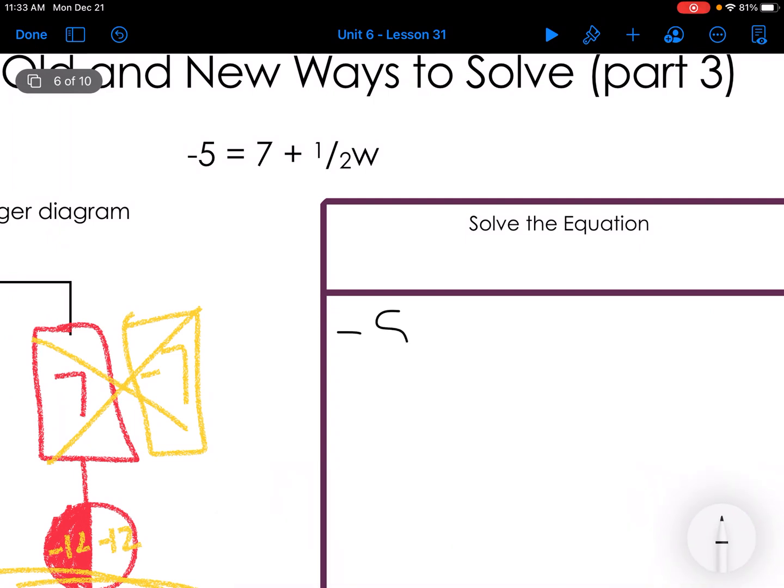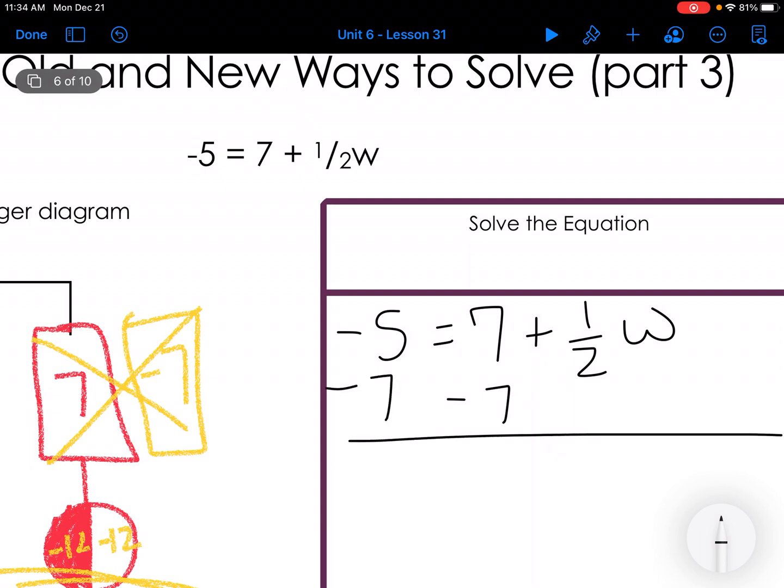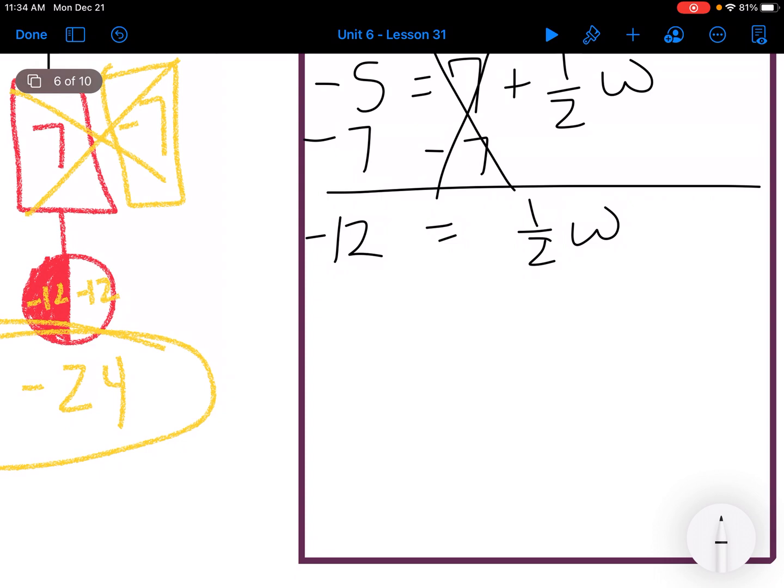So I have negative 5 equals 7 plus 1/2 w. So I'm going to subtract 7, or add a negative 7 to zero out first. Left with negative 12 equals 1/2 w. So now, if I multiply by 1/2, the opposite would be to divide by 1/2.